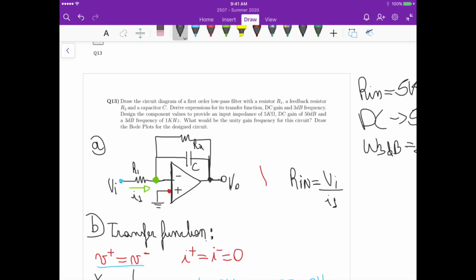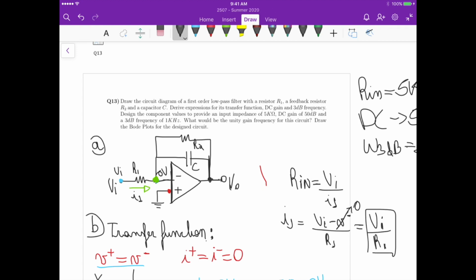But you agree with me that if this is 0 volts and this is VI, using Ohm's law, this I1 is exactly VI minus V minus divided by R1, and this one here is actually 0. So this means that our I1 is exactly VI divided by R1.